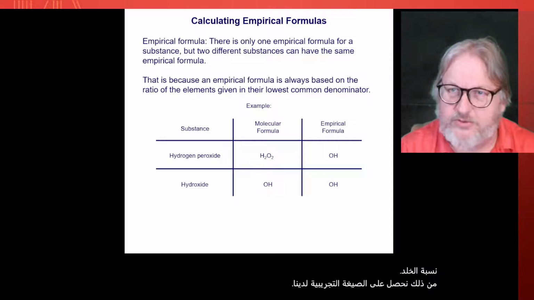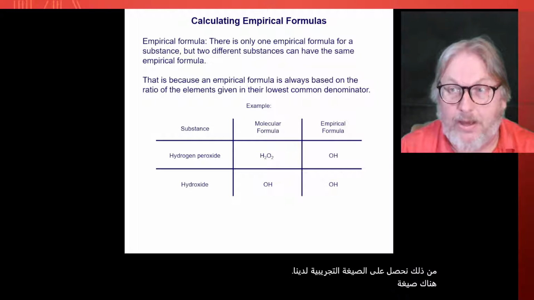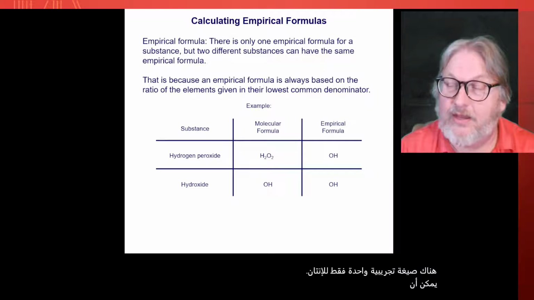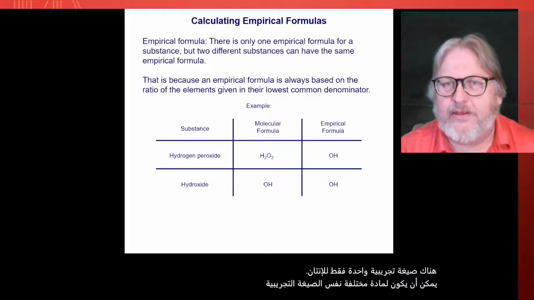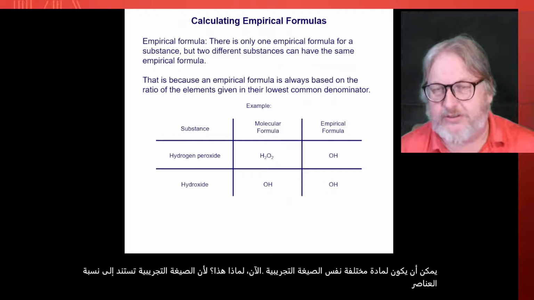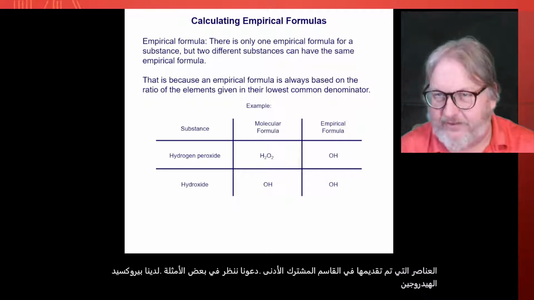Now, there's only one empirical formula for a substance, but two different substances can have the same empirical formula. Why is this? It's because the empirical formula is based on the ratio of the elements given in the lowest common denominator. Let's look at some examples. We've got hydrogen peroxide, the thing that bubbles out of our cuts.